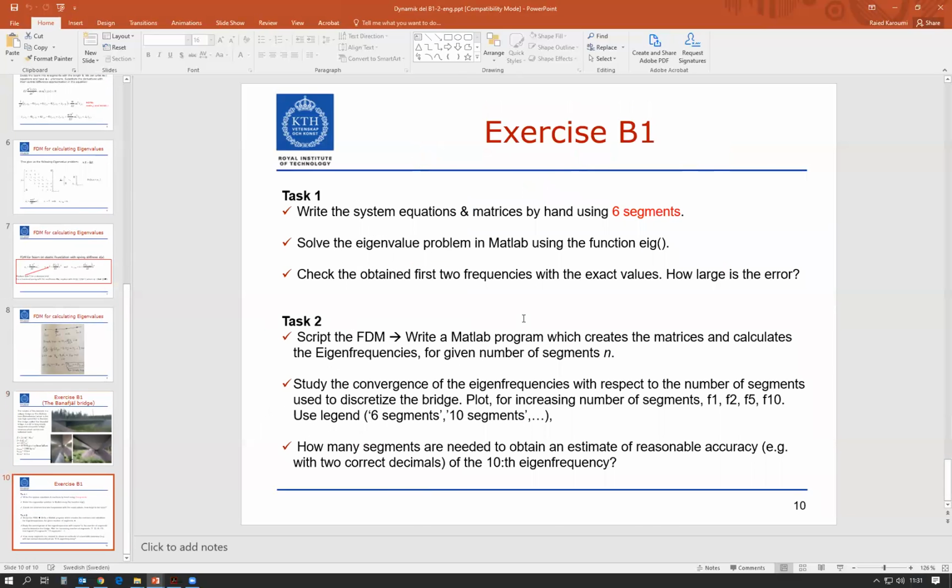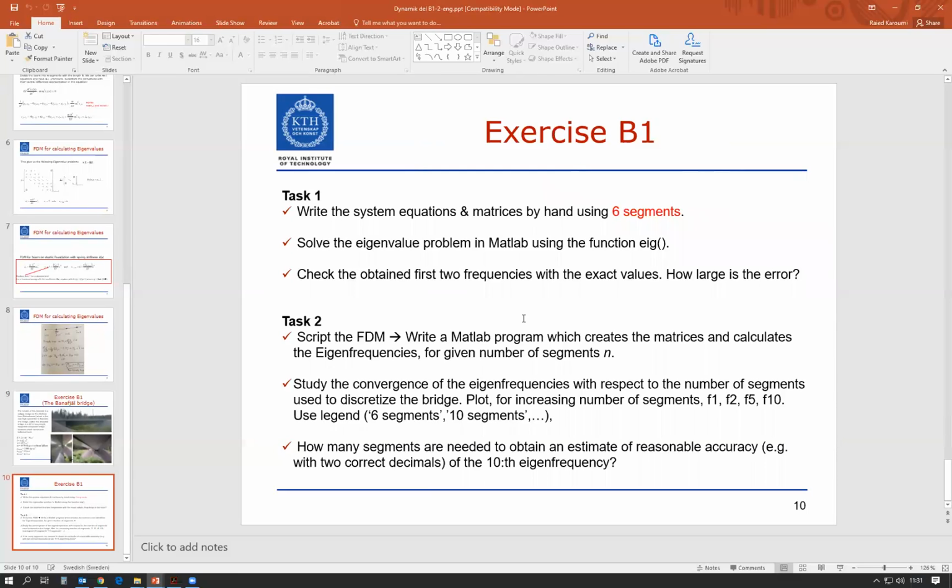Okay, and the exercise B1 consists of 2 tasks. The first one is very easy, because what you will do is exactly what I showed you on this simple beam, which was divided in 4 segments. You will do exactly the same way. You will divide this into 7 nodes with 6 segments.